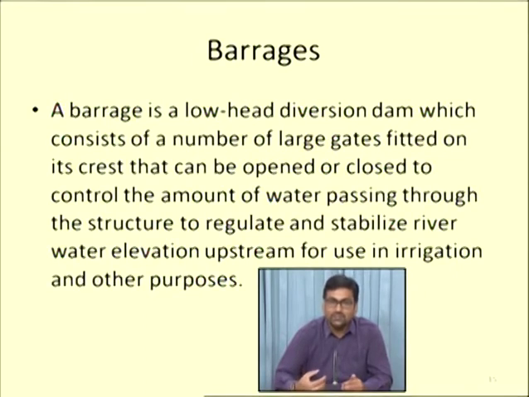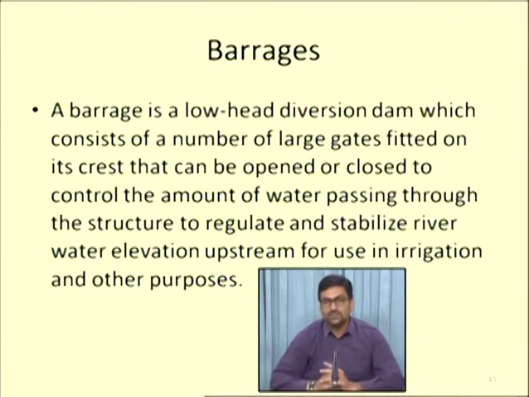Here we need to think about, first we create a small barrier, and then we provide gates over this barrier in the abutments and in the piers. Between the piers we provide gates, so we can hold a large quantity of water upstream, and we can also control by lifting these gates up or down whether water is held back on the upstream side, or we allow the water.